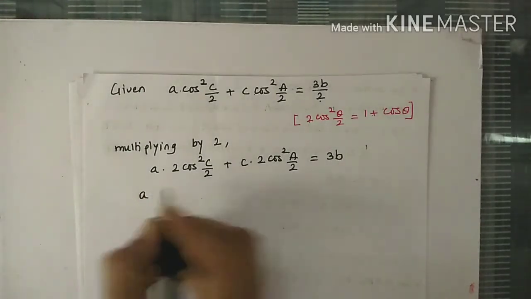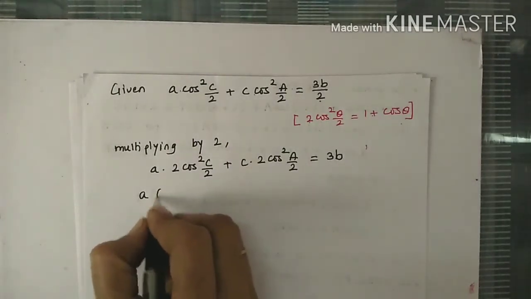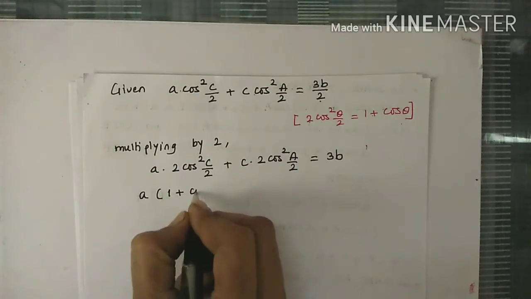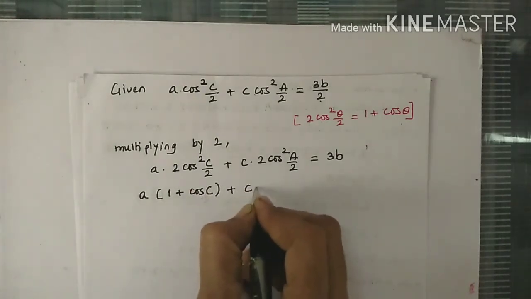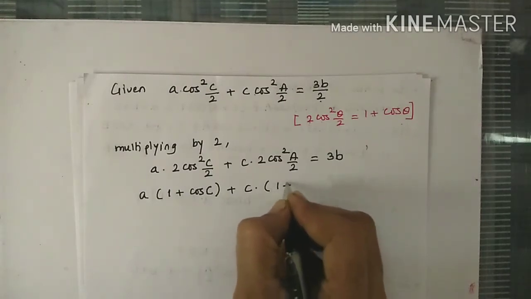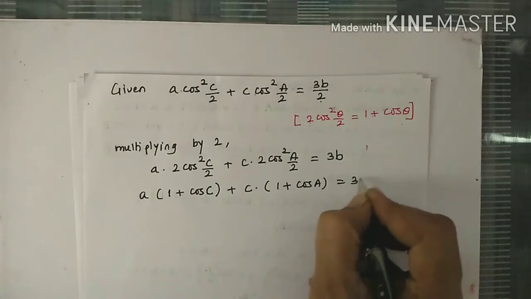Now let's use this formula, 2 cos square theta by 2 is 1 plus cos theta. So this is 1 plus, instead of theta now we have C, so it is 1 plus cos C. c into 2 cos square A by 2 is 1 plus cos A, equals 3b.